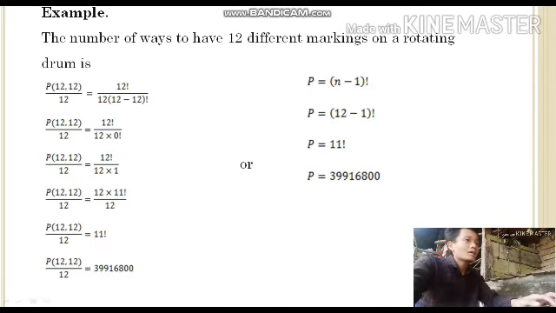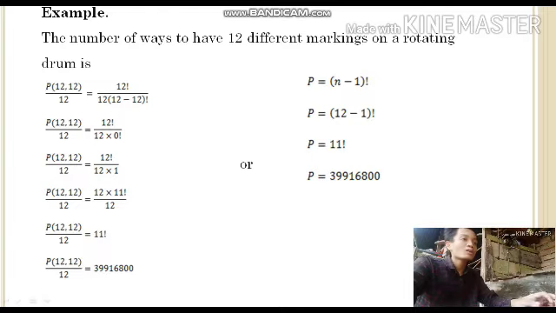Example, the number of ways to have 12 different markings in a rotating drum is permutation P(12, 12) over 12, which equals 12 factorial over 12 times (12 minus 12) factorial, which equals 12 factorial over 12 times 0 factorial. Remember, 0 factorial is equal to 1.